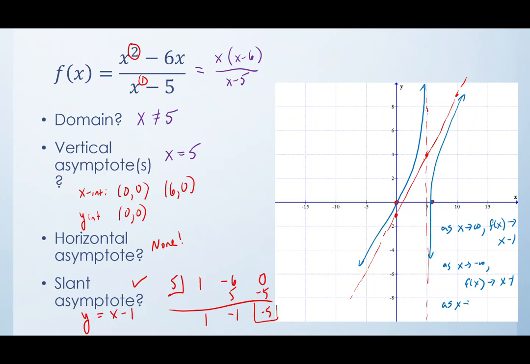As x approaches 5 from the positive side, f of x is going to negative infinity, right? Or going down. And one last one, right? As x approaches 5 from the negative side, that would be this side, y or f of x is going to positive infinity because we're going up. Okay.